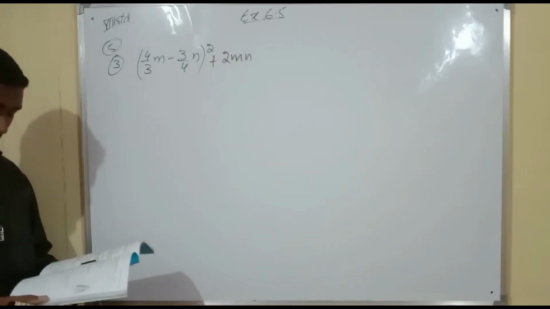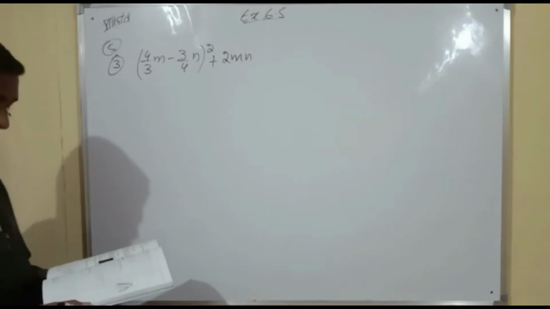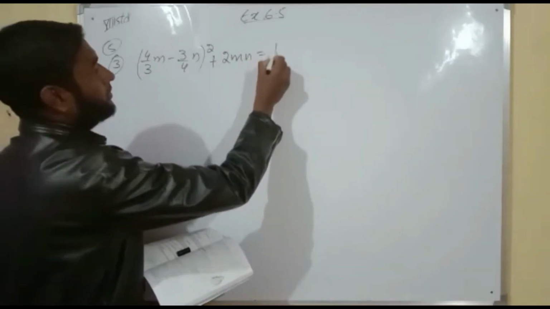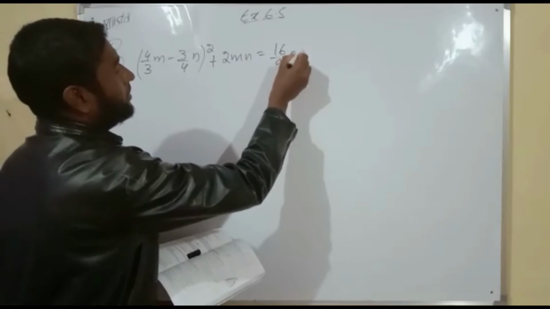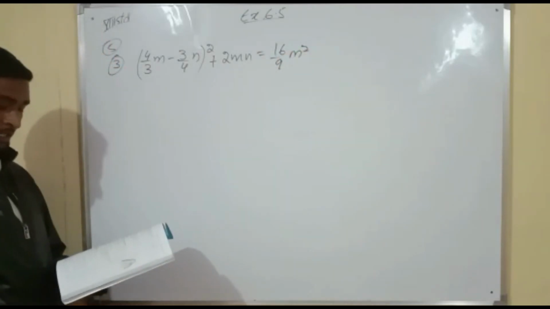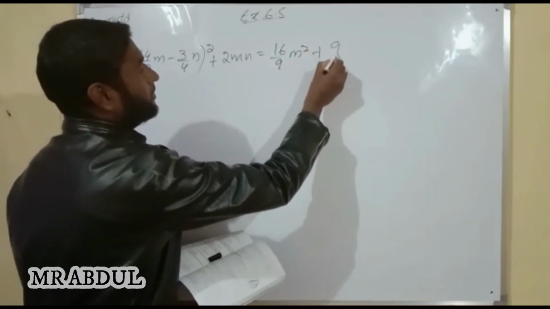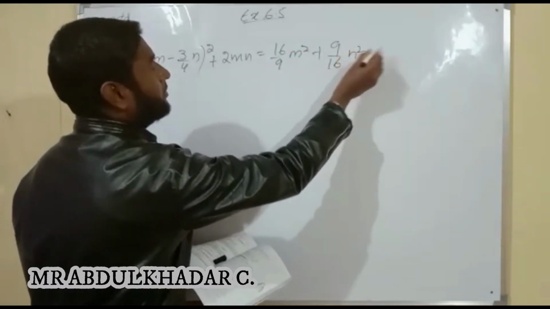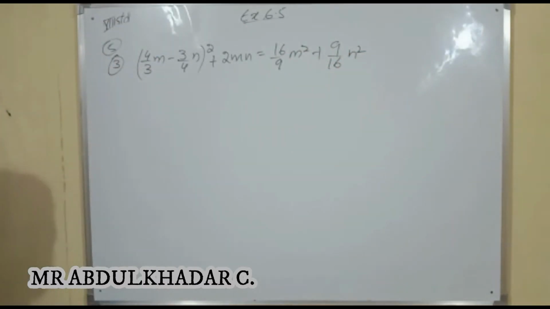So I will have to prove it as 16 by 9m square plus 9 by 16n square.